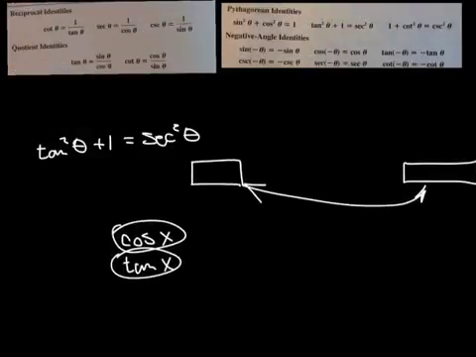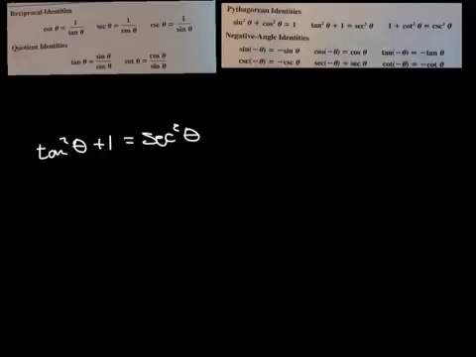Now let's see what happens if I make these reciprocals. If I put a 1 over there, because look what I've got: 1 over secant is the reciprocal of 1 over cosine.